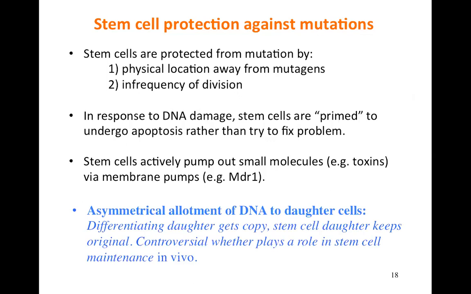But in each one of those new copy double helices, one of the strands is actually from the original template. So there's this idea that as daughter cells differentiate, one of the cells, the stem cell, actually holds on to the original DNA and allows the copied DNA to pass on to the daughter cell. And in this way, it is an evolutionary attempt to minimize the amount of mutations that happen during replication that actually get passed on to the daughter cell.